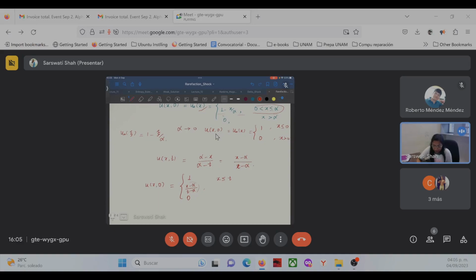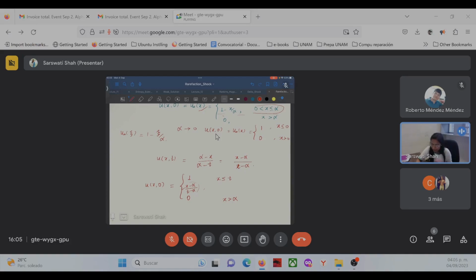And when x is approaching alpha, this becomes 0, so it would be the left hand limit equal to the right hand limit. And when x is approaching t, it would be the left hand limit equal to the right hand limit. So this is the region.